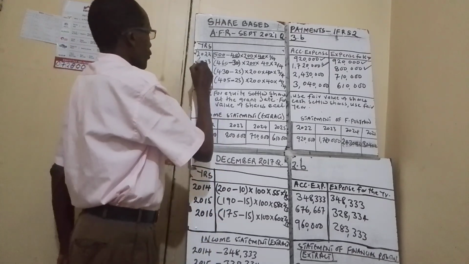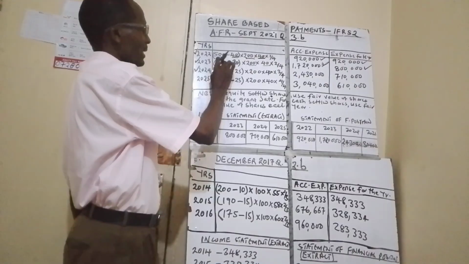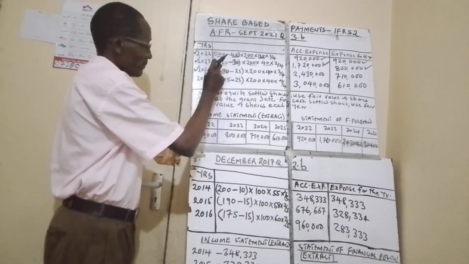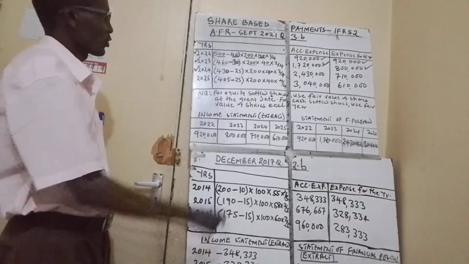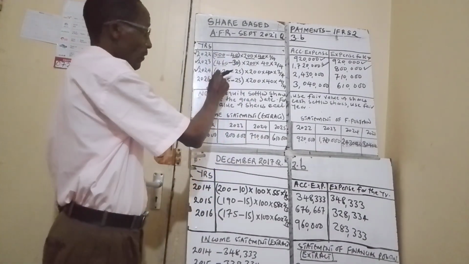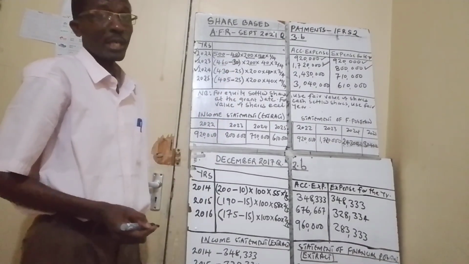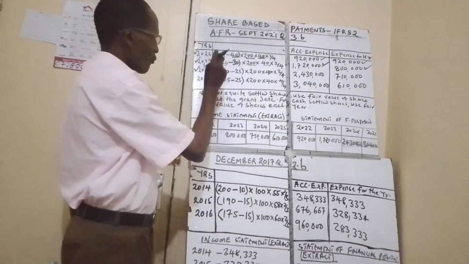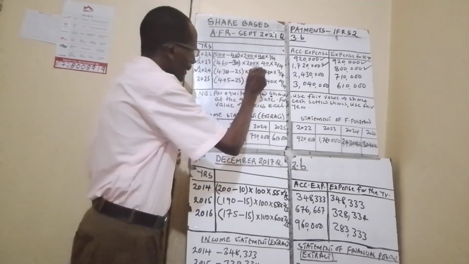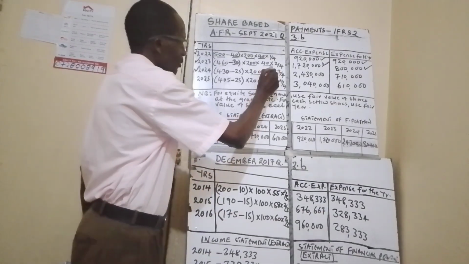Then we go to 2024. In 2023, the second year, 30 employees left, so we were left with 460 minus 30, 430, minus 25 employees who are expected to leave. So 430 minus 25, multiplied by 200, the number of options, times 40.